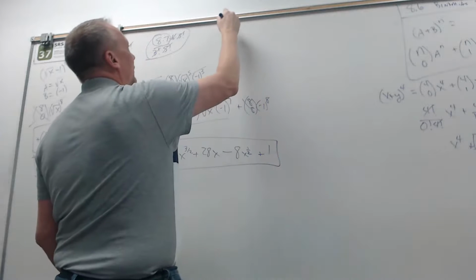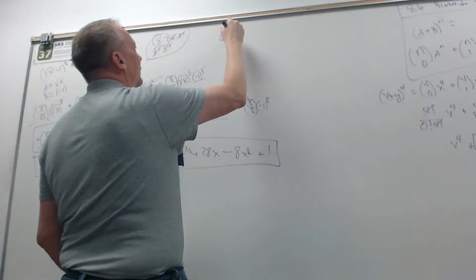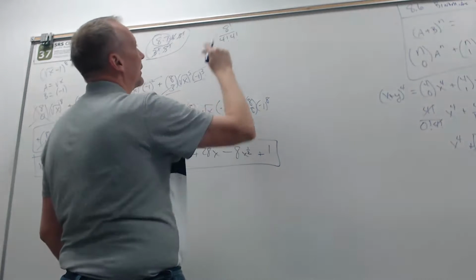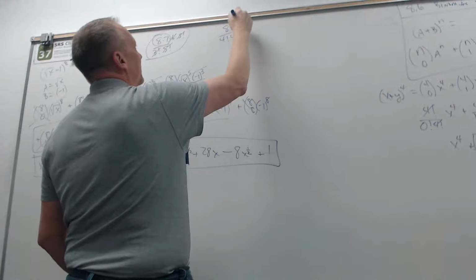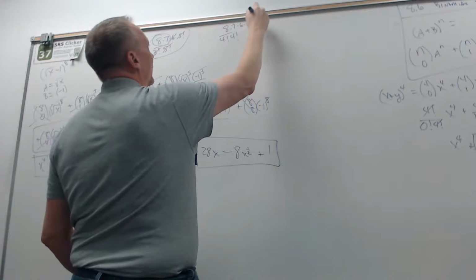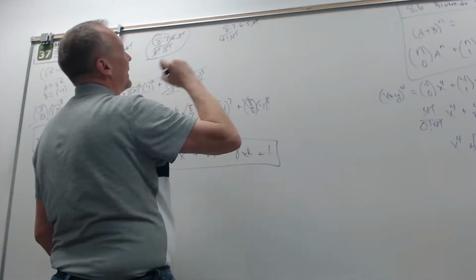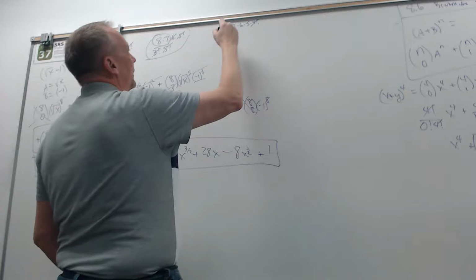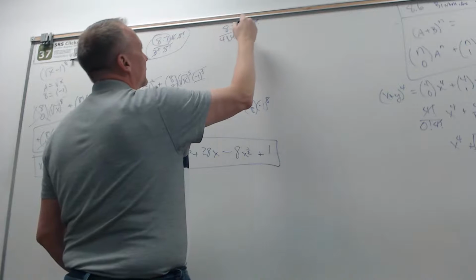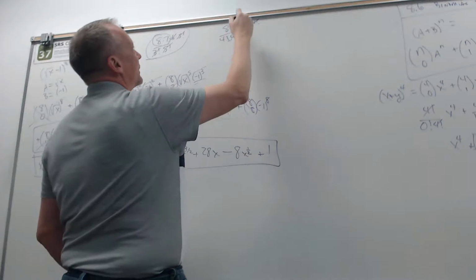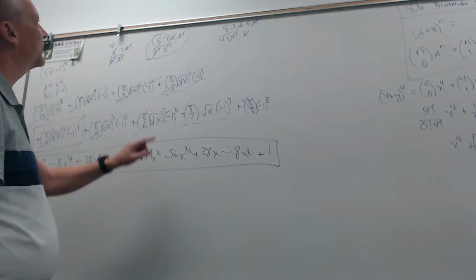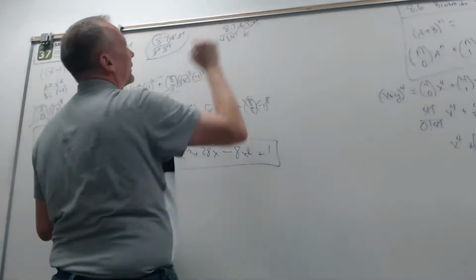I've got 8 factorial over 4 factorial, 4 factorial, right? So 8 times 7 times 6 times 5 times 4 factorial. So that's right there. And then 4 factorial can be written as 4 times 6, it's 24. So the 6 is canceled. That's why I missed this term here.